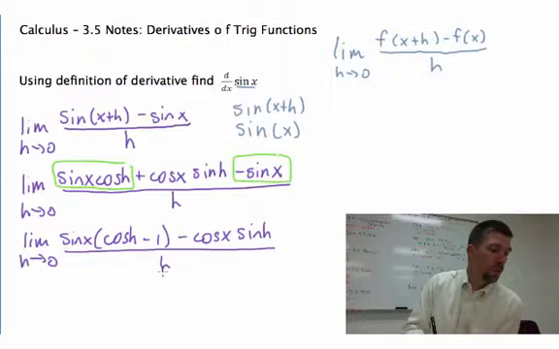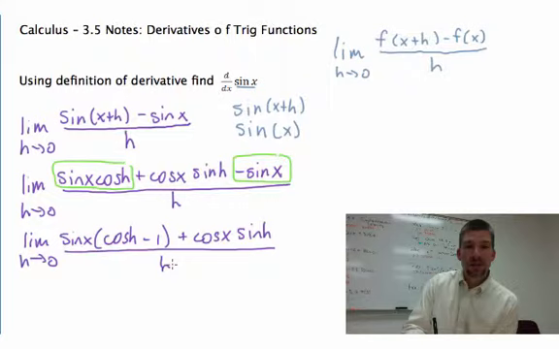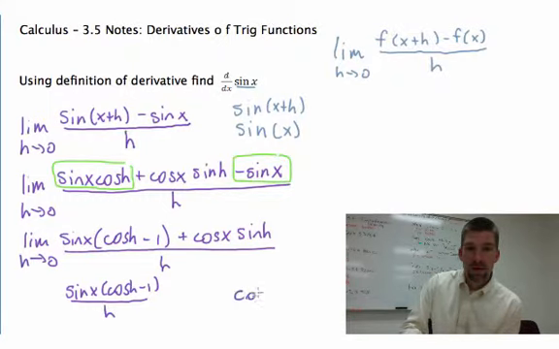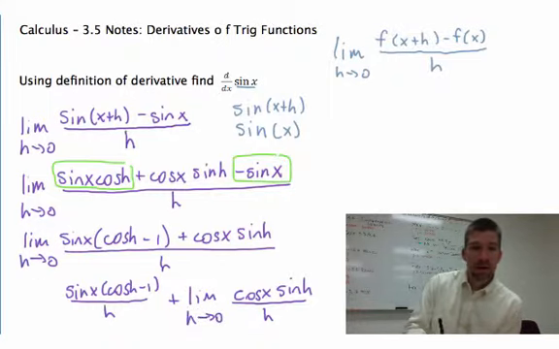And then what I'm going to do is break this up, oops, this should be a plus. I'm going to break this up into two pieces, because with that addition symbol in here, I actually can work with sine x times cosine h minus 1 over h, and I can work with cosine x sine h over h, and I can do a plus, and I can work with each one of these guys independently now.